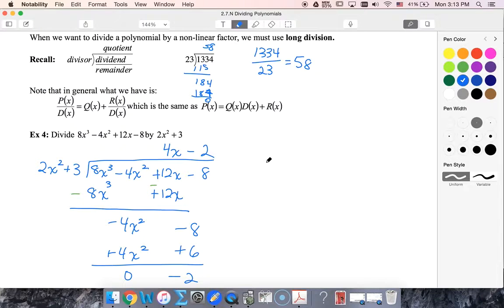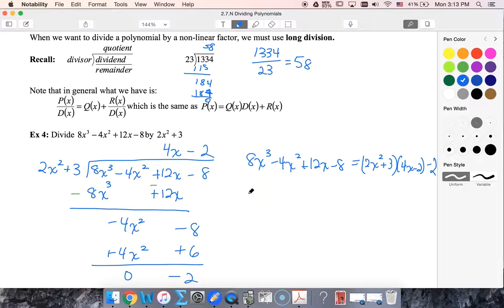So what this means is that I can express 8x cubed minus 4x squared plus 12x minus 8 as the product of 2x squared plus 3 times 4x minus 2 and then a remainder of negative 2. So if I expanded all this out, I would get this.